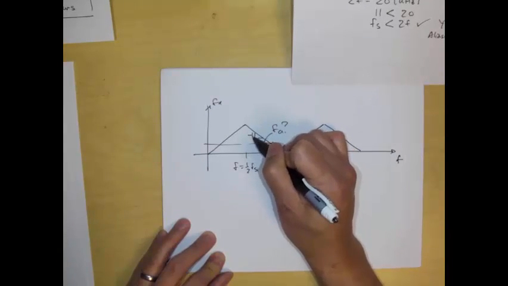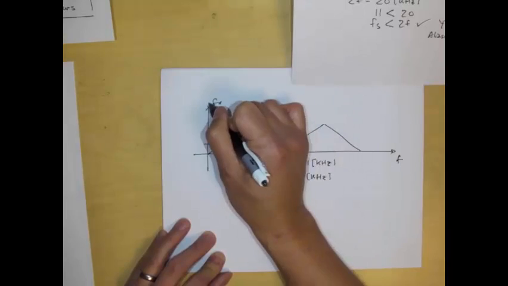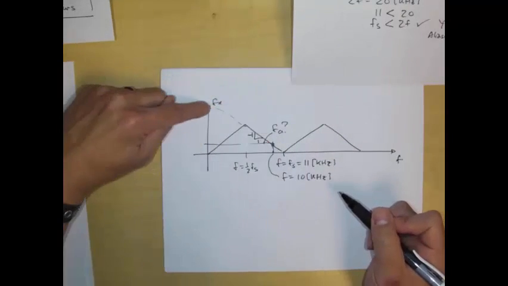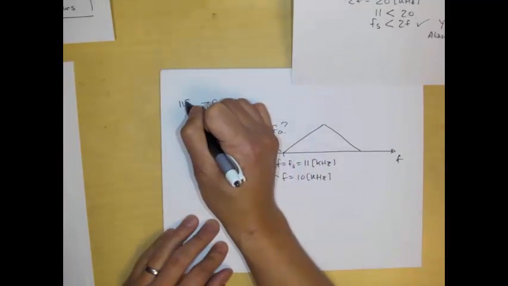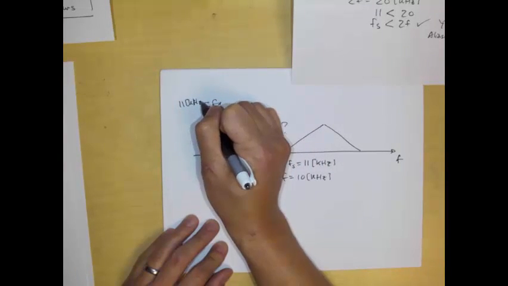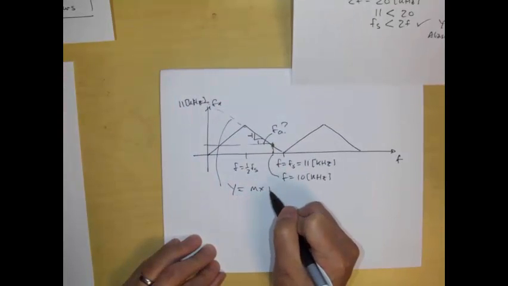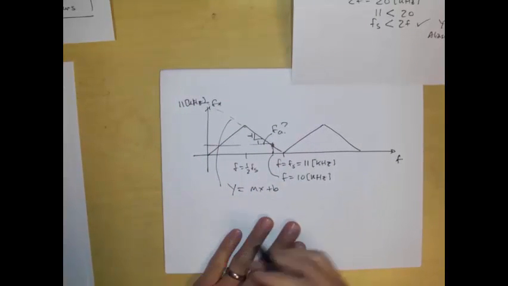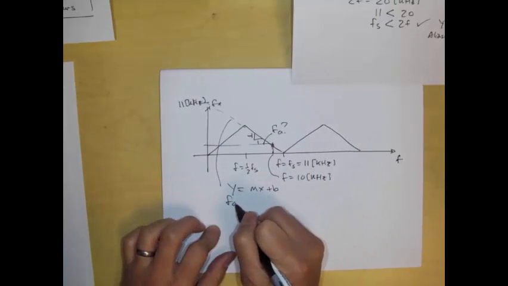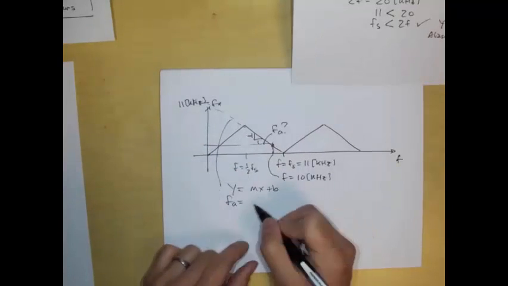It's not too bad. This is a slope of -1 to 1. And this here, because it's that same slope, this should also be 11 kilohertz. Okay, so if I use our little linear y equals mx plus b, not too bad here. Y is going to be FA. The slope is a -1 slope.